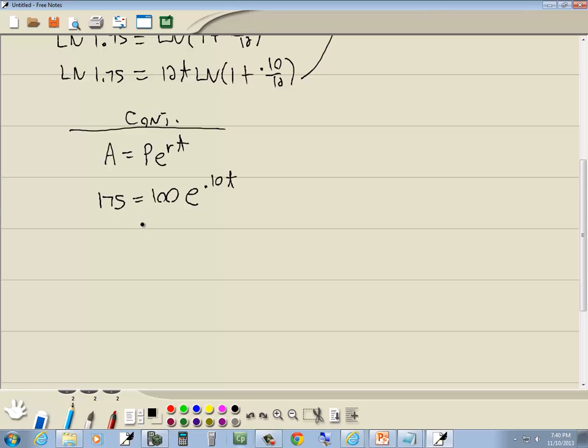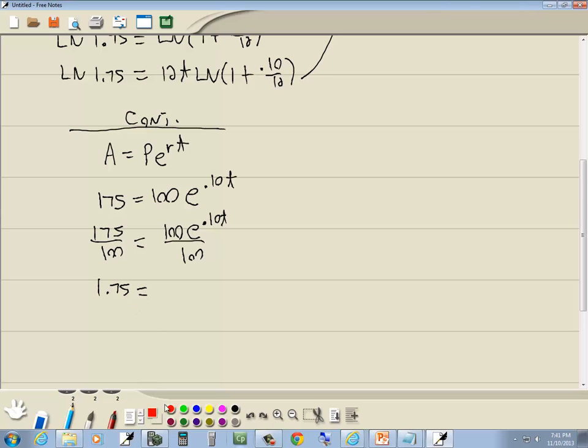Again, this is an exponential equation, so we're going to get the part with the variable in the exponent by itself. That's step 1. So divide both sides by 100 again. Over here, 175 divided by 100, we already said was 1.75, so we might as well simplify that.